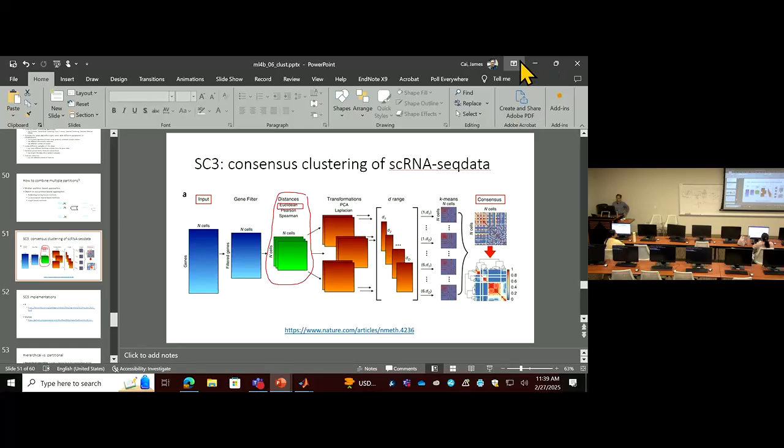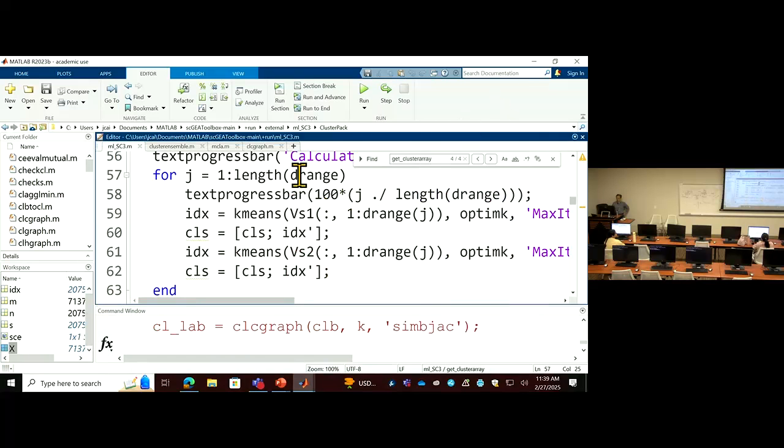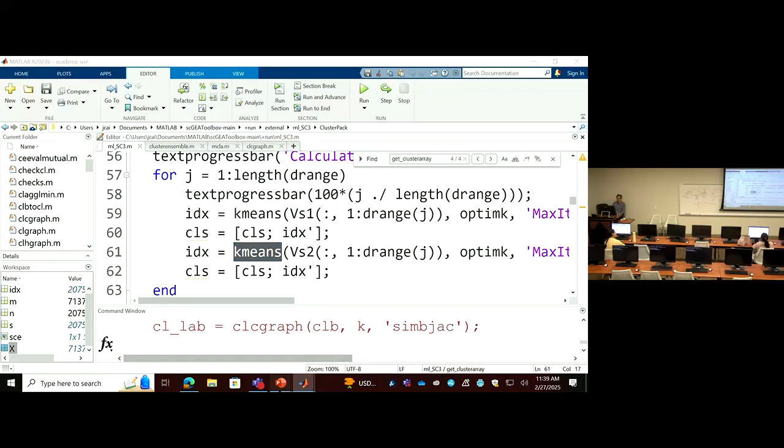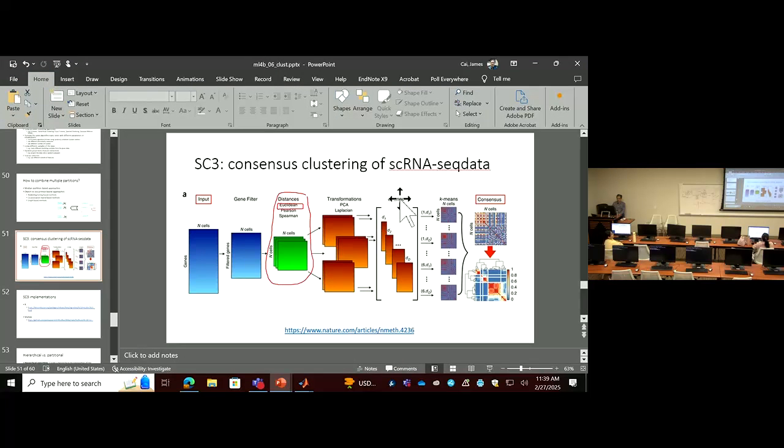So for the different ranges, each time we extract different ranges from the transformed matrix, and then do the k-means. So this k-means inside the D-range are those.